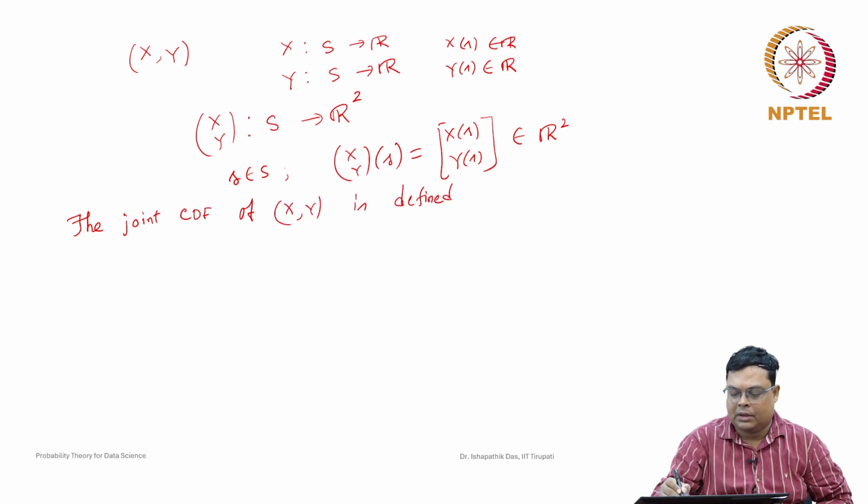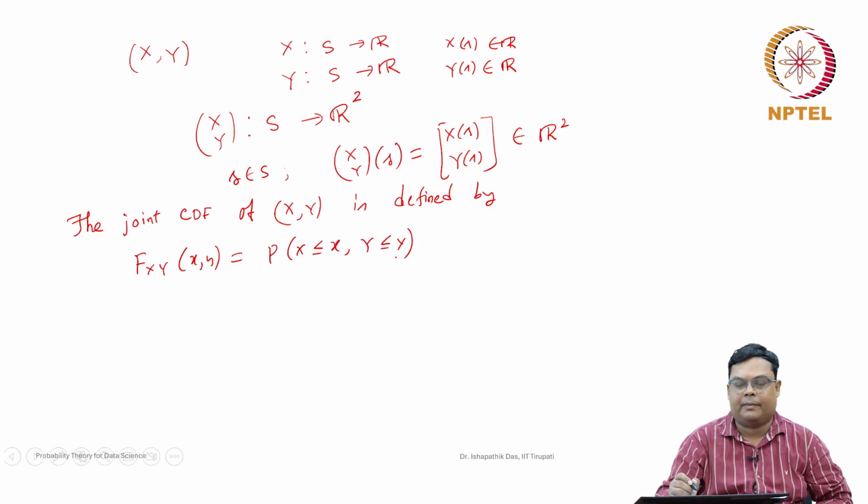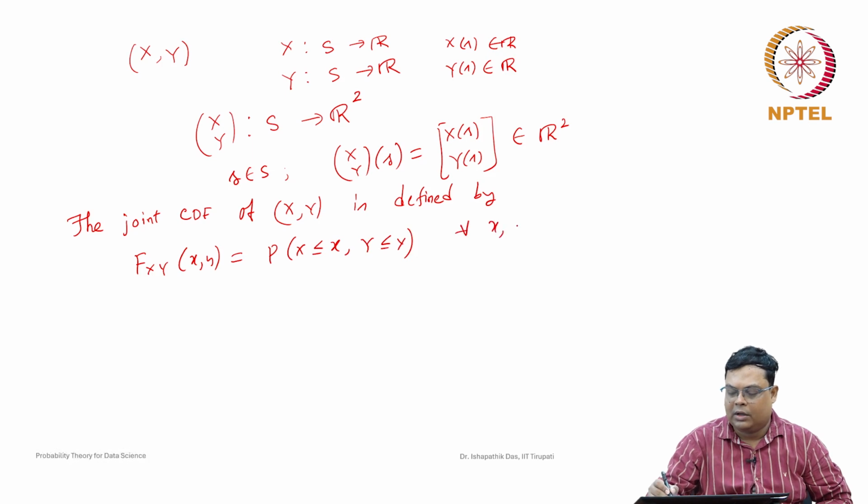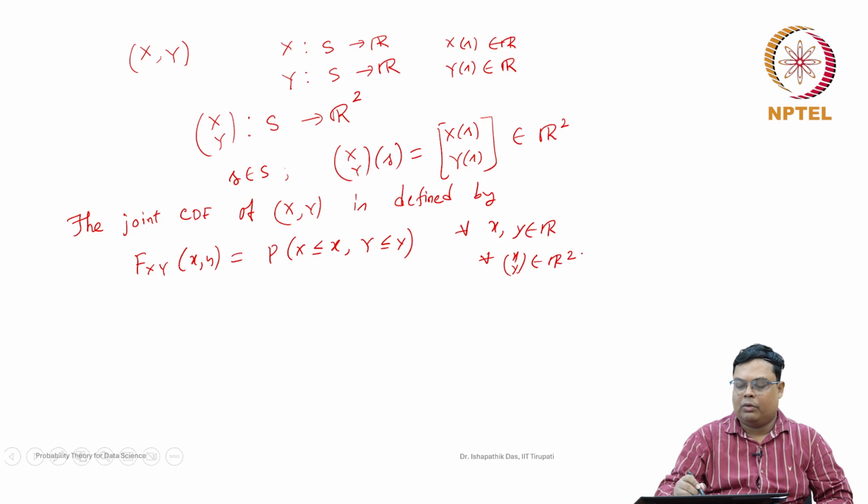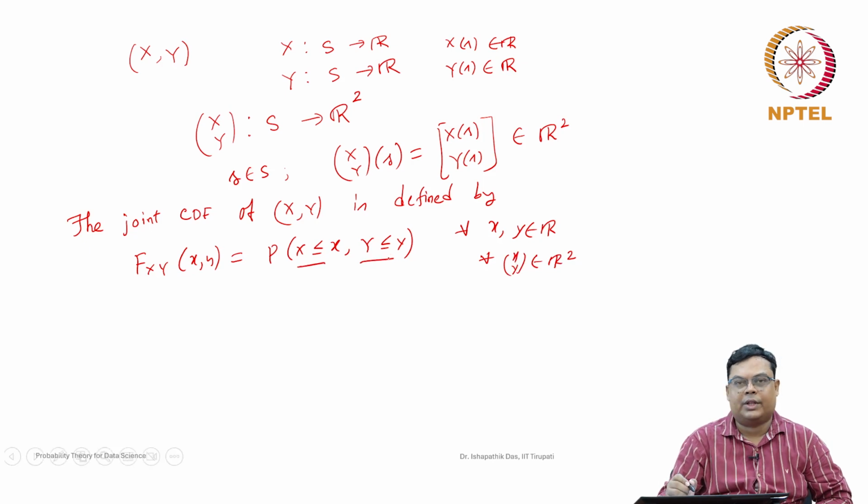It is defined by F_XY(x, y), which is nothing but the probability that X is less than or equal to x and Y is less than or equal to y, for all (x, y) belonging to the real numbers, or we can say for all (x, y) belonging to R². We have already defined these things.